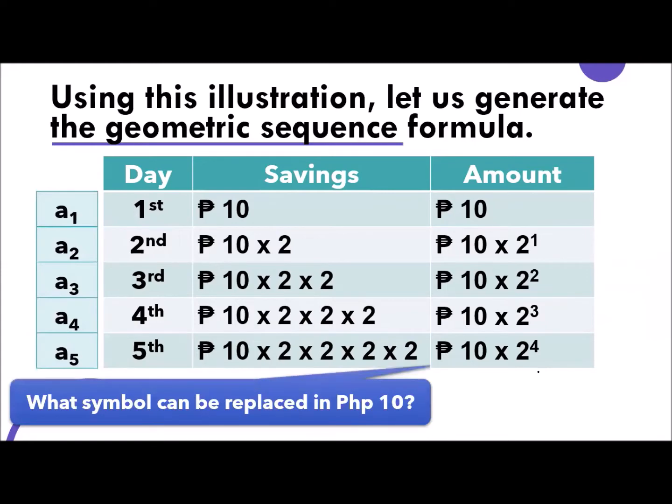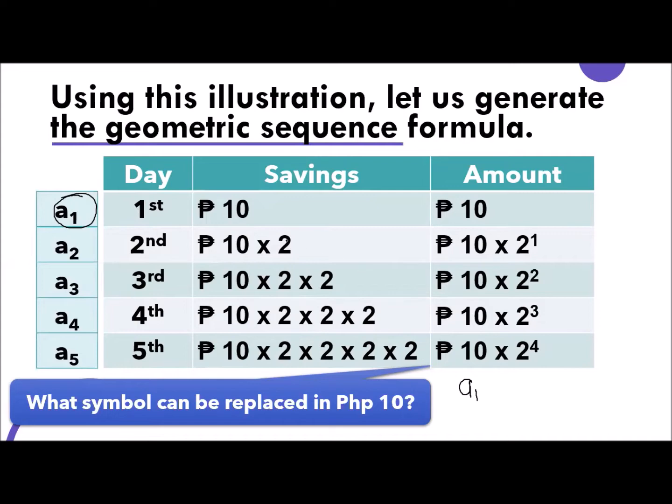So the next question is, what symbol can replace the 10 pesos? If we go back, what is the symbol of 10 pesos here? That is our a sub 1. So we could replace it with a sub 1.